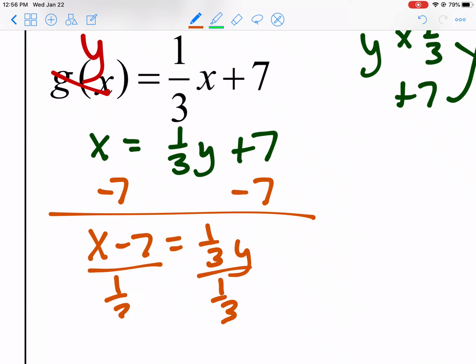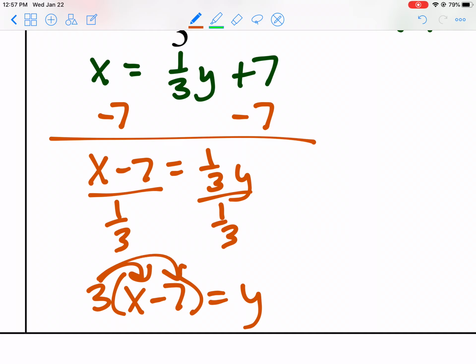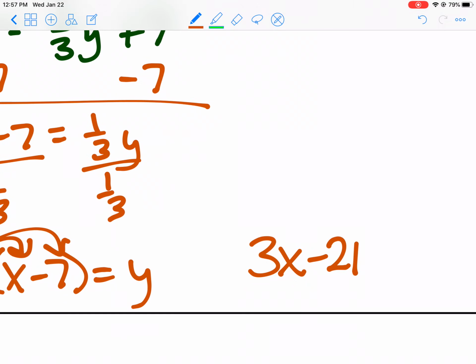Dividing by the 1/3 is the same as multiplying by its reciprocal, 3. So I'm going to rewrite this as though I was doing 3 times x minus 7. Let's go ahead and distribute that. So we'd have 3x minus 21. We got y alone, so I'm just going to jump to the 4th step, which was to rewrite like that. That's a little bit messy.